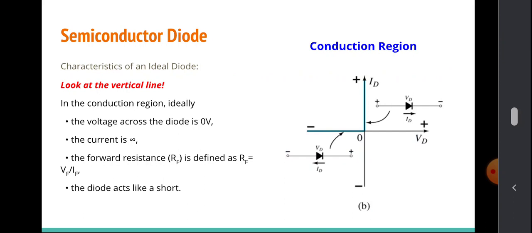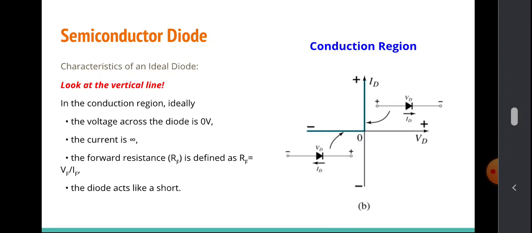That is the current for an ideal diode, with the current flowing from positive to negative polarity. In the conduction region, ideally the voltage across the diode is 0 volts and the current is infinity.